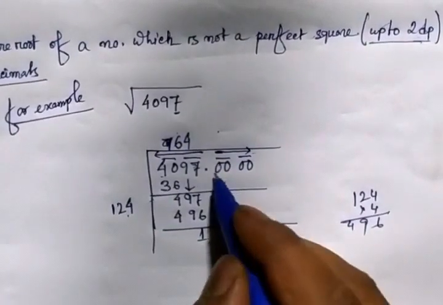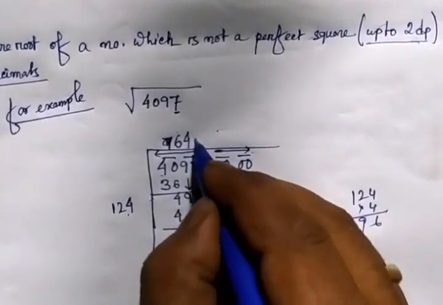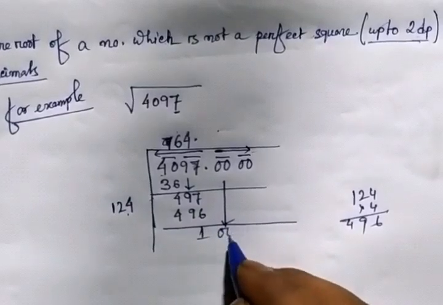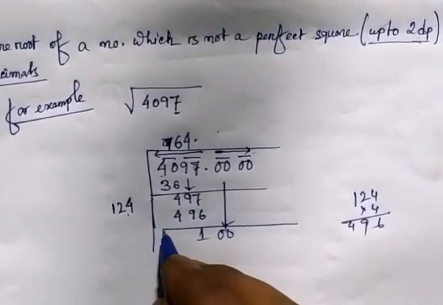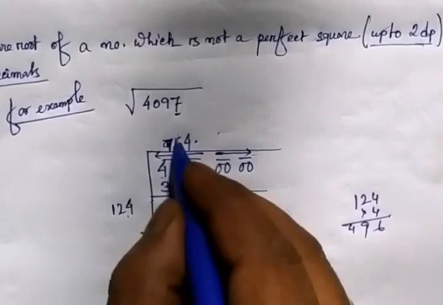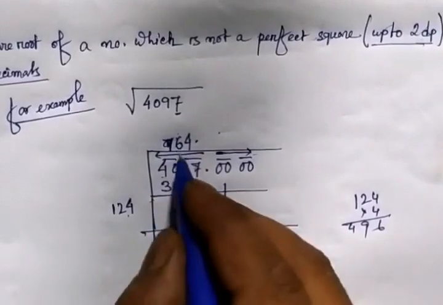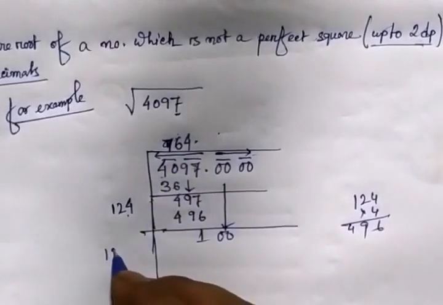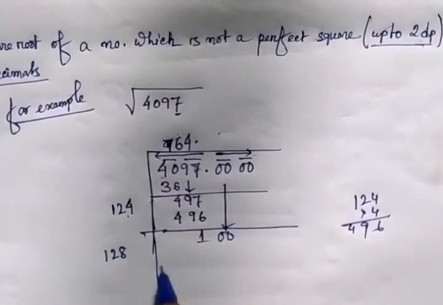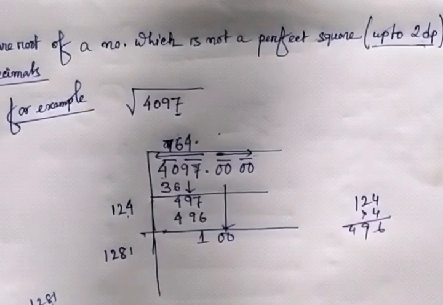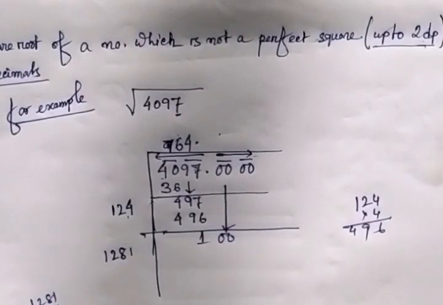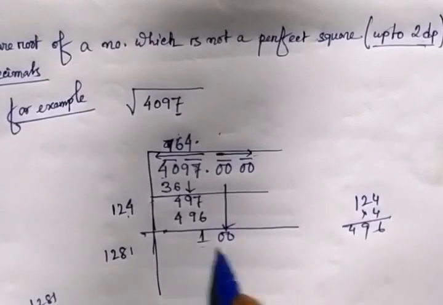Then 1 remains and one pair comes down, and we take 4 here, so also 4 here. So the next pair is after the decimal, so the decimal goes here, and we have 100. Again we take double here, double of 64 is 128, and if we take 1 here, then 1281 is bigger than 100.